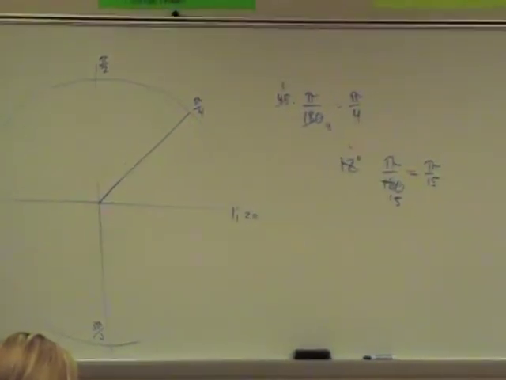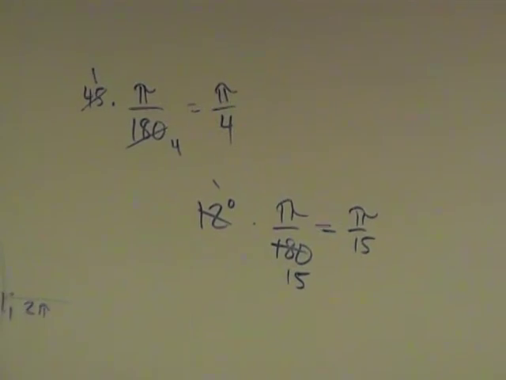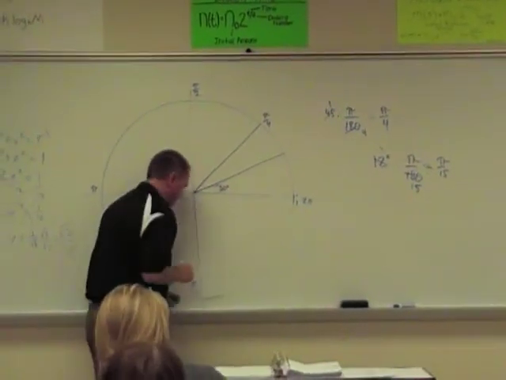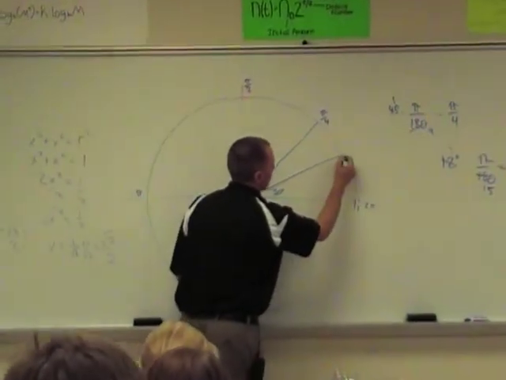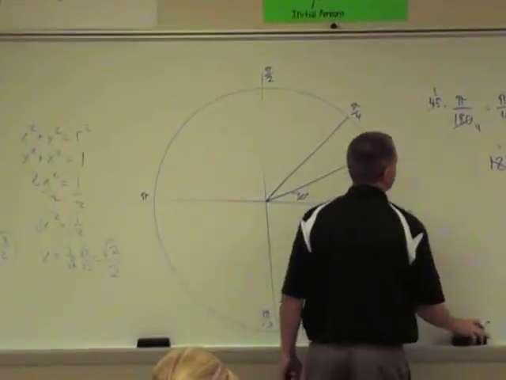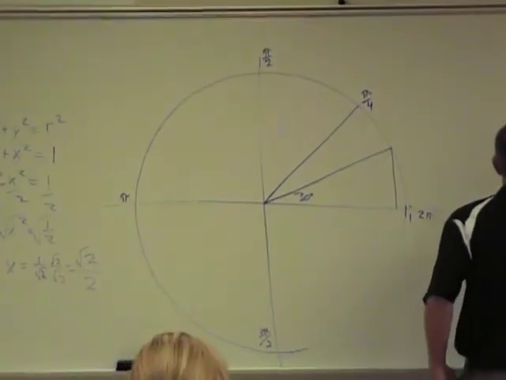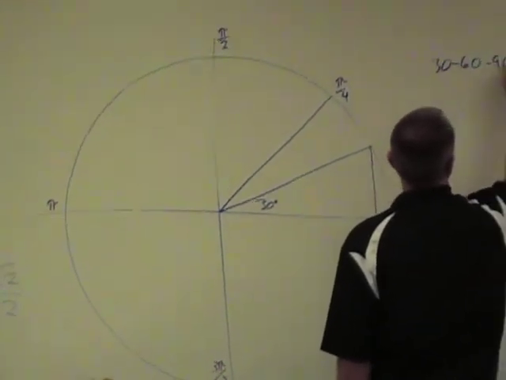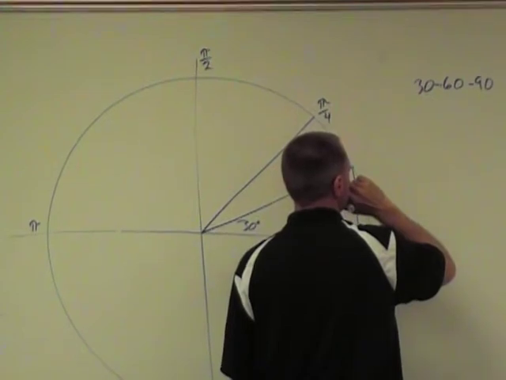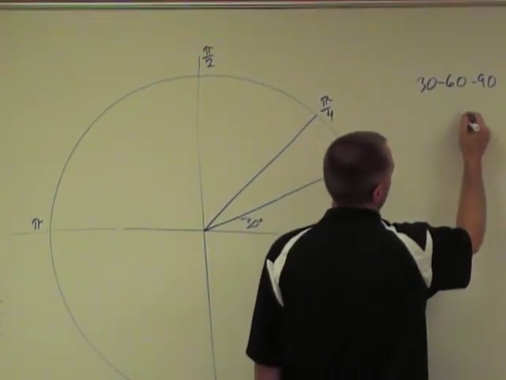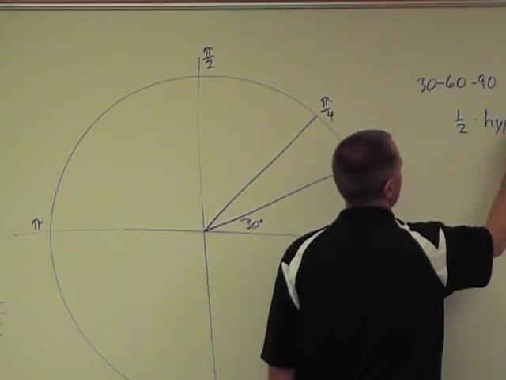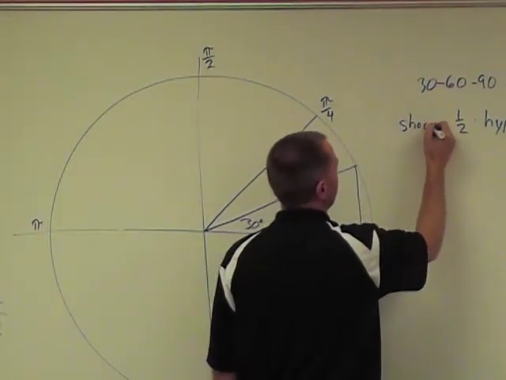Alright, now I want to talk about the 30, 60, 90 degree triangles. So on this one, we'll draw it. This is a 30 degree angle. And if you remember, a 30, 60, 90 degree triangle has a short leg that is 1/2 of the hypotenuse.